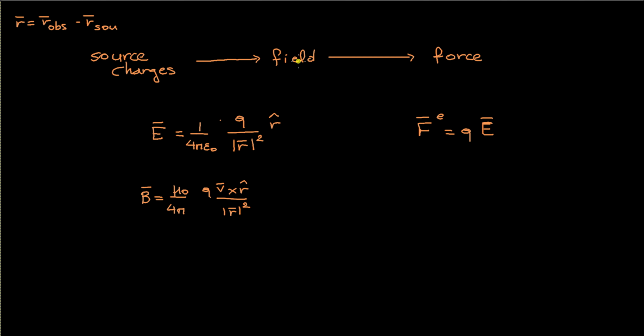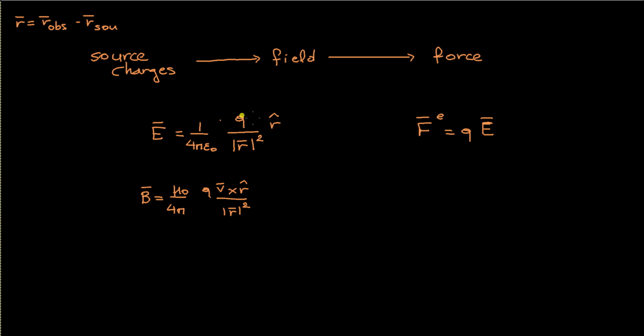Once you find the electric field, you can forget about the source charges entirely and use that electric field and the charge that you have at the observation location to find the electric force acting on that charge.